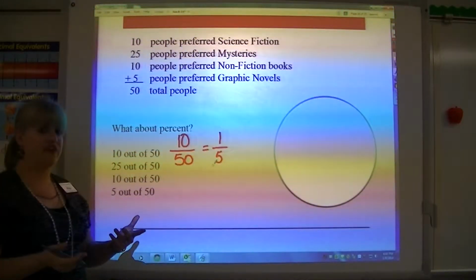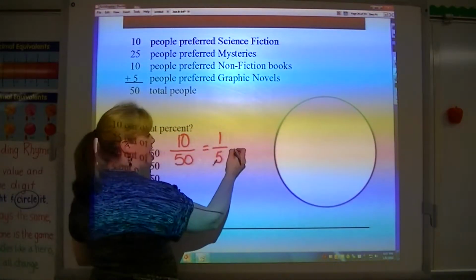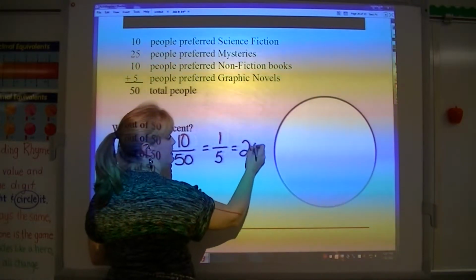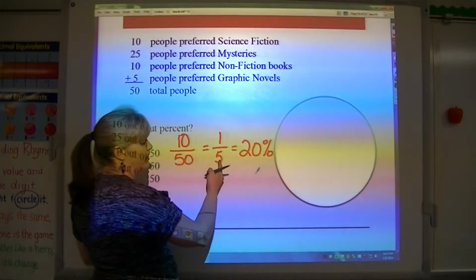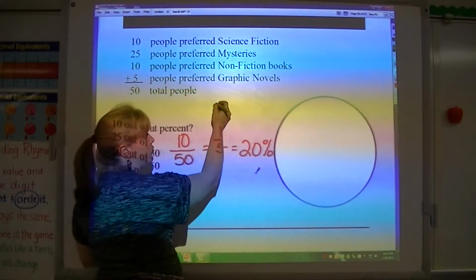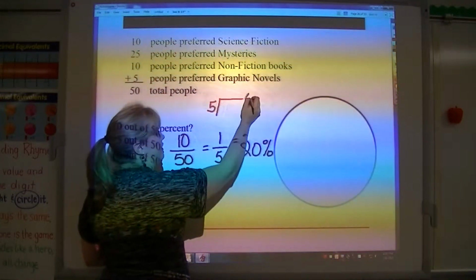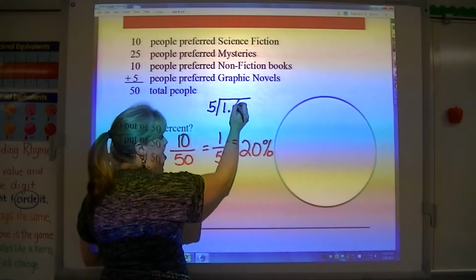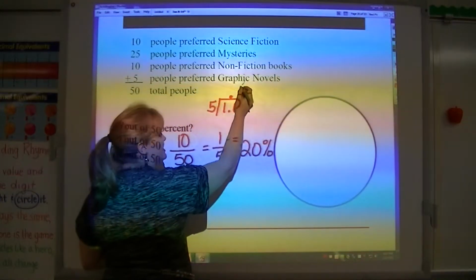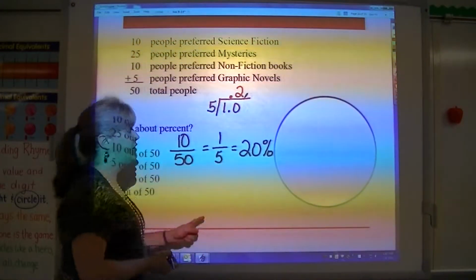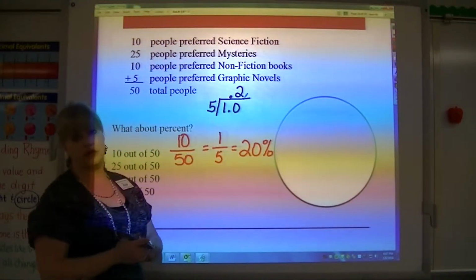And 1/5, as we all know, is the same thing as 20%. The way that we figure that out is we divide 5 into 1. Now we obviously can't divide 5 into 1, so we have to add a decimal, and 5 goes into 10 2 times. 0.2 is 20%.